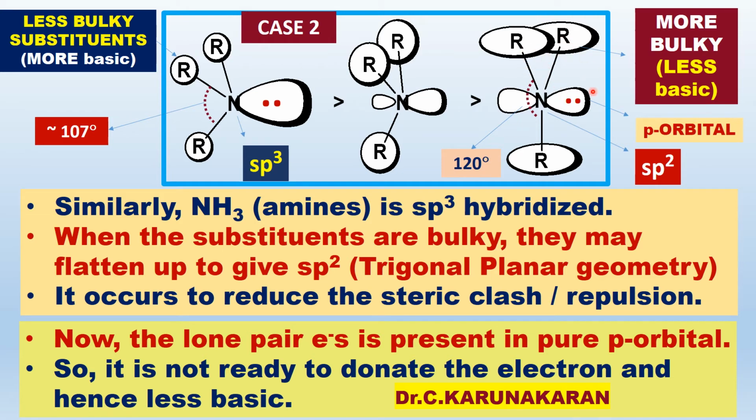To reduce the steric repulsion, sp3 is converted to sp2. Now the lone pair is present in a pure p orbital, so it is not ready to donate the electron and hence is less basic. It won't form an adduct with high stability.